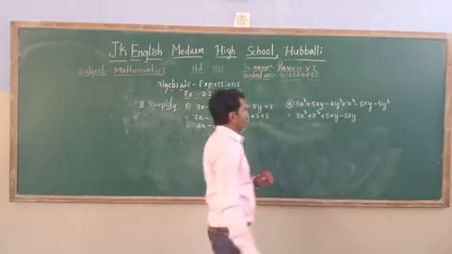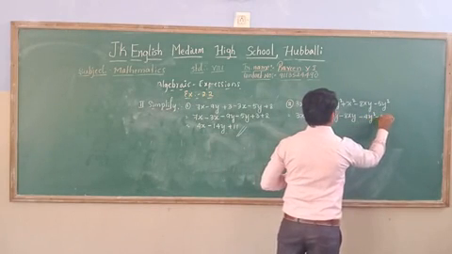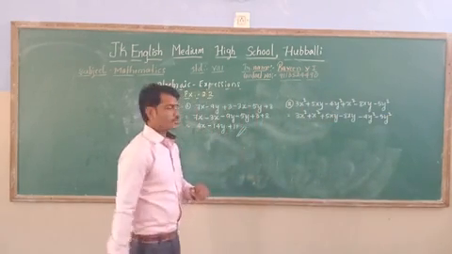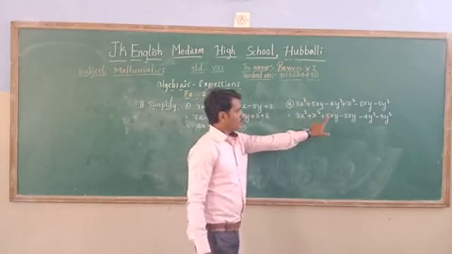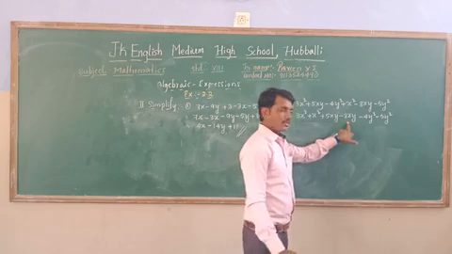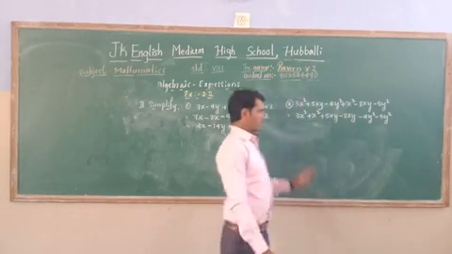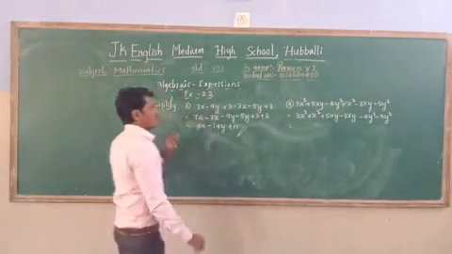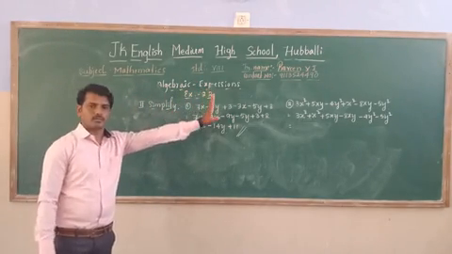Next term, minus 4y squared, and that side, minus 5y squared. So now we have 3x squared, x squared, 5xy, minus 8xy, minus 4y squared, then minus 5y squared. In the first step only, we have separated according to the like terms.